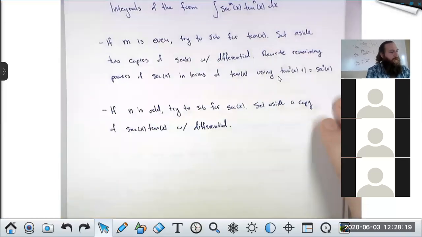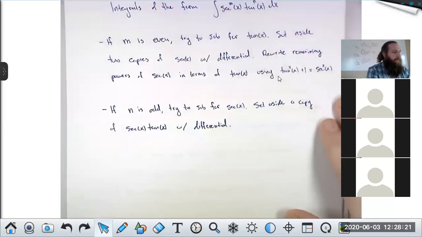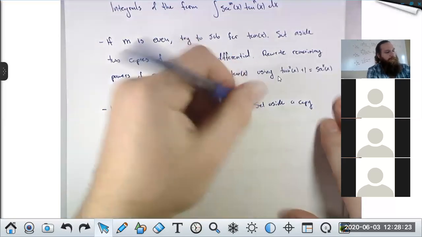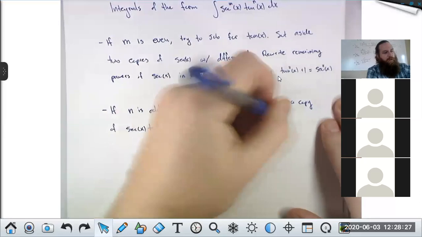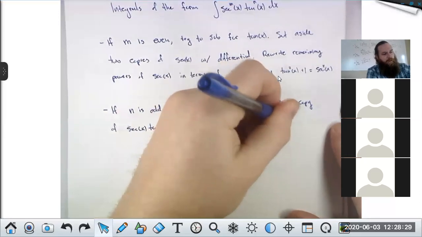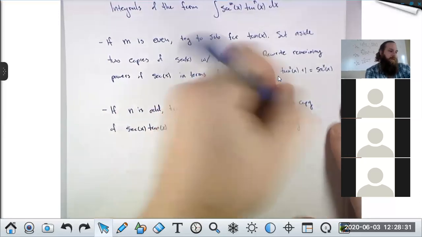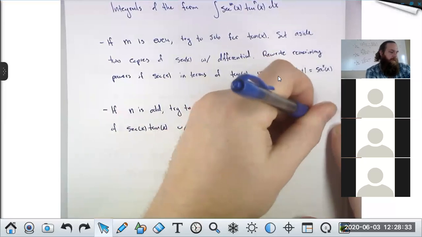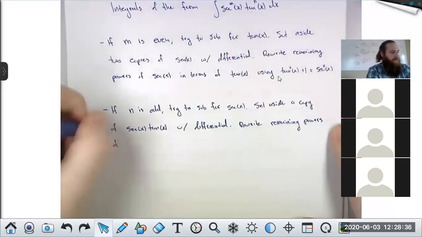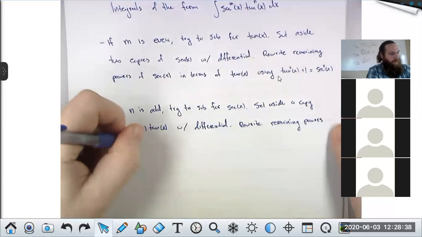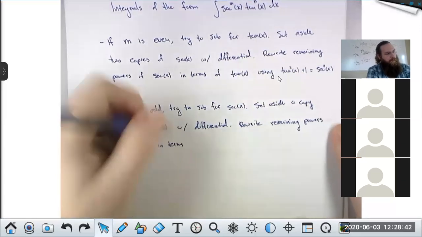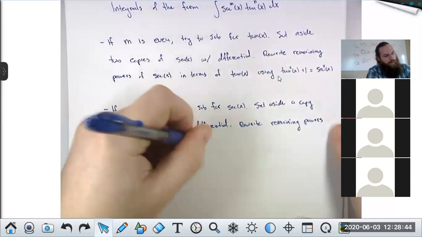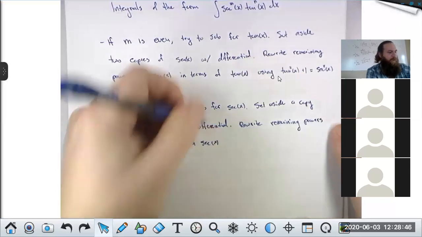This will require rewriting the remaining powers of tangent in terms of secant, using the same identity.